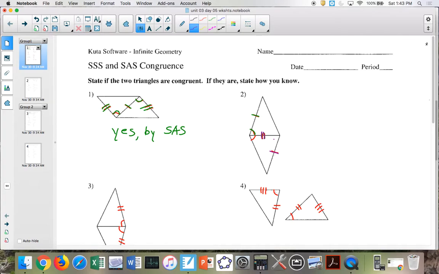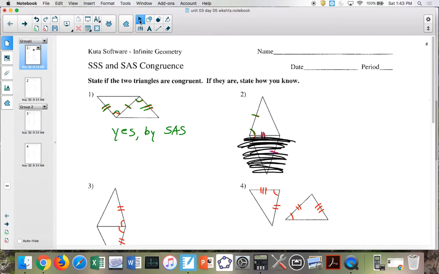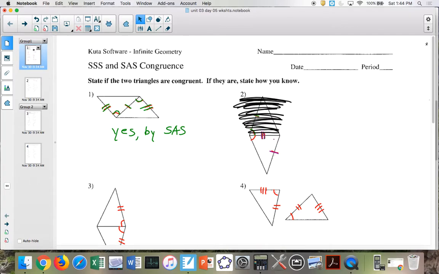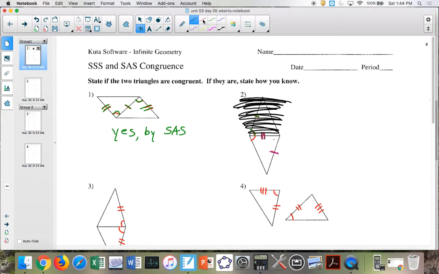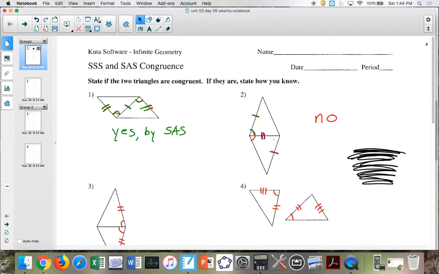So notice, in the top triangle, if I cover this up, I have two sides and the angle between them, but in that bottom triangle, I have two sides but the angle not between them. So in this particular case, we cannot say these two triangles are congruent. So that one's a no.